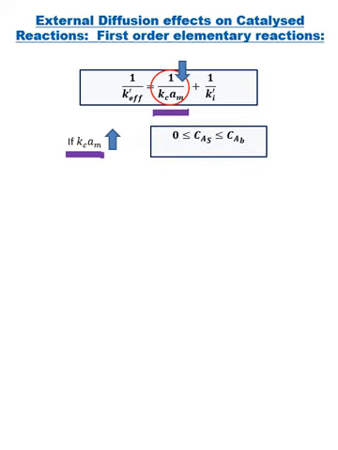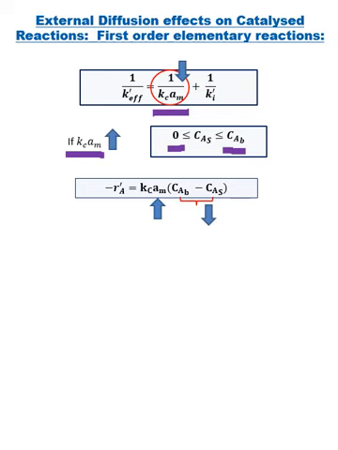We know that we have a surface concentration that will fall within these ranges. It will always be less than or equal to the bulk phase concentration, and it cannot go less than 0, of course. So if I look at my rate of diffusion, as this term goes up, if the rate stays the same, it must imply that the difference between the bulk and the surface concentration becomes smaller and smaller.